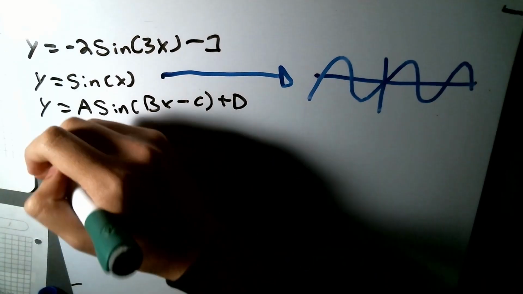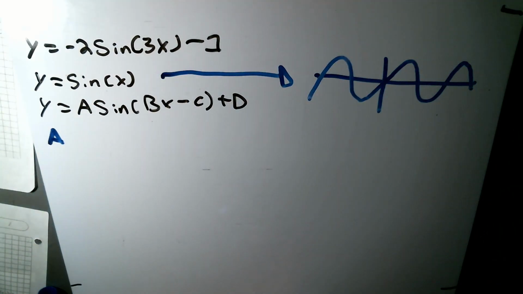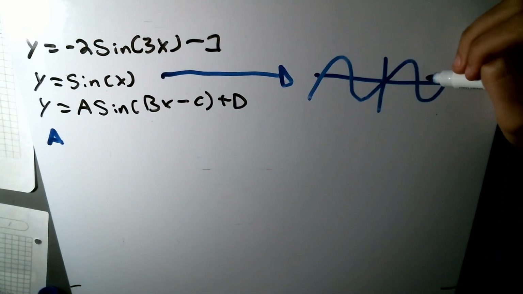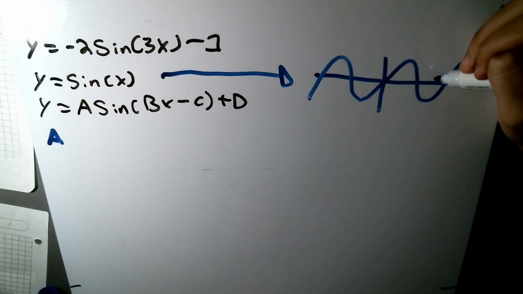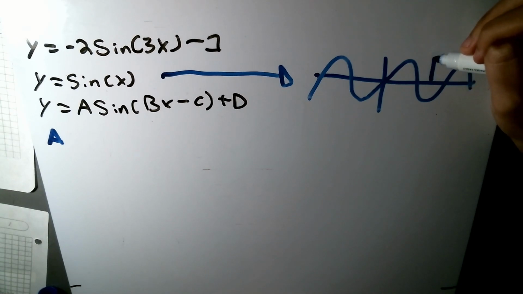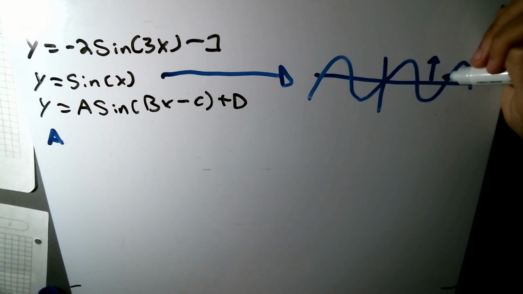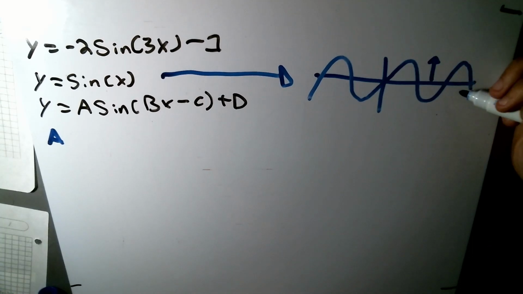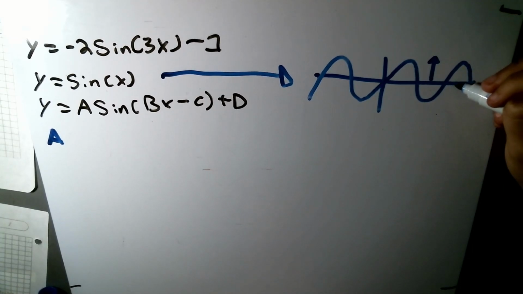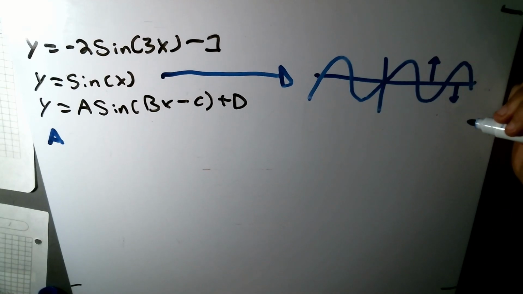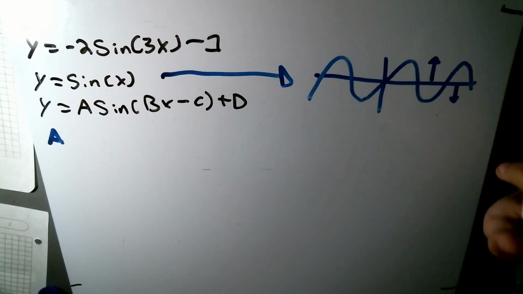So first, let's look at a. What does a do and what is it? A is amplitude. What is amplitude? From the midline, which we're going to deal with later, to the top or the maximum, and also from the midline to the minimum or the bottom, if you want to call it that.